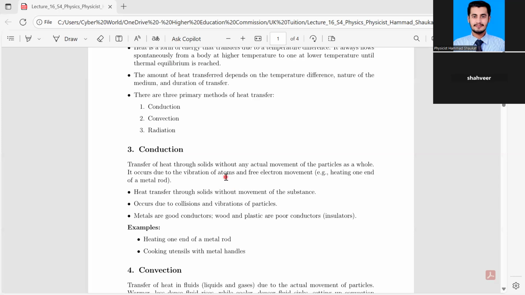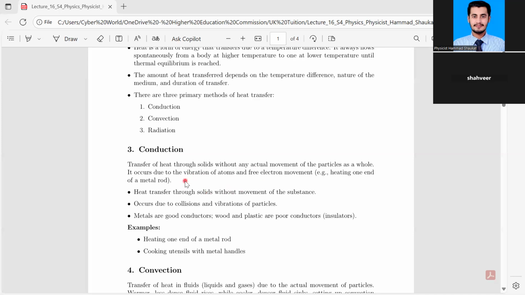Every particle in the universe consists of atoms or molecules or free electrons as well. When those atoms, molecules, or electrons vibrate, their kinetic energy increases. And when the kinetic energy increases, we know that the body reaches a high temperature. So by this scenario, you can increase the temperature of a body.